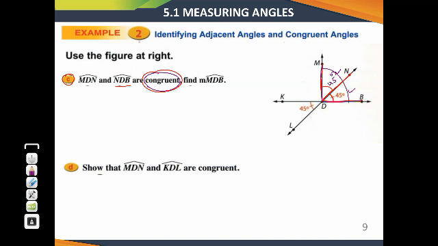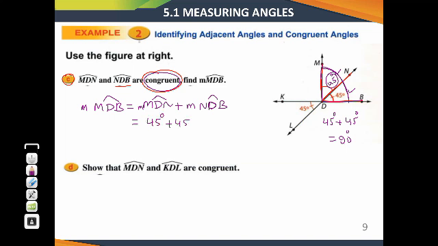So MDB is equal to 45 degrees plus 45 degrees, because it is the whole angle. 45 plus 45 is 90 degrees. So the measure of MDB is equal to the measure of angle MDN plus the measure of angle NDB, 45 plus 45, which is equal to 90 degrees.